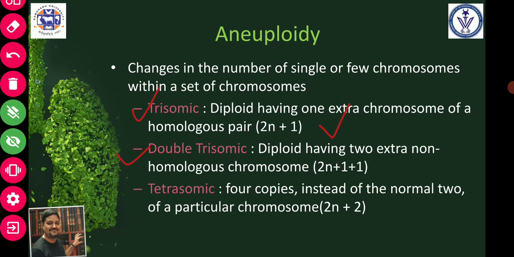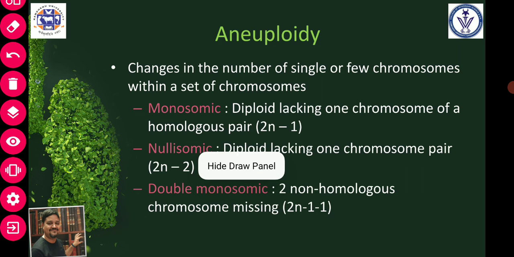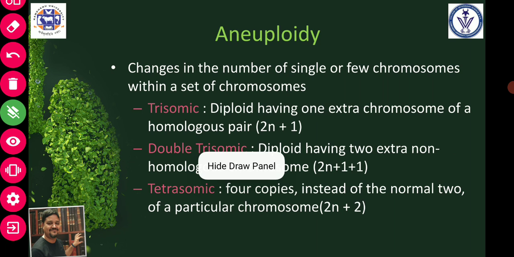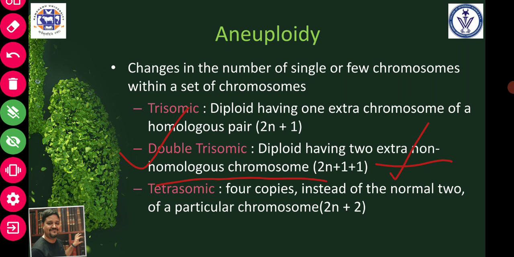Then double trisomy: a diploid having two extra non-homologous chromosomes. As in the previous slide we had seen the double monosomic, similarly here you can note the double trisomy. So there will be two extra non-homologous chromosomes, and the formula will be 2n plus 1 plus 1.